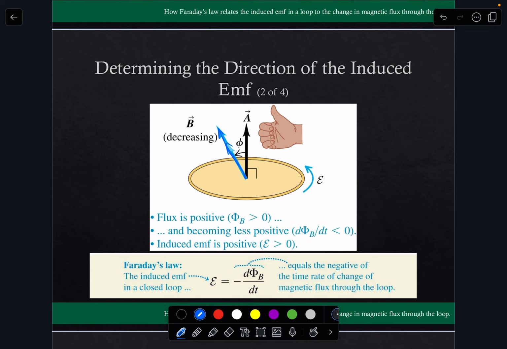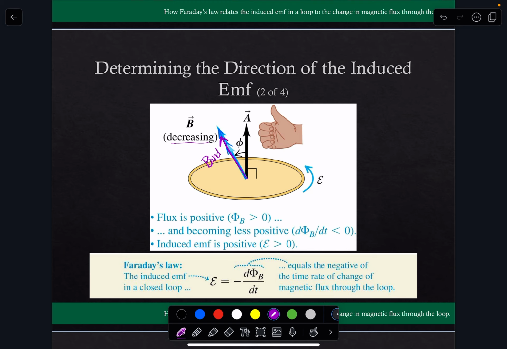We should add another field in the same direction. Our B induced should be in the same direction as B so that we can oppose the change, which is a decrease. We don't want it to decrease anymore, so we need to add some field back. The induced magnetic field will point in the direction of B if we're opposing a decrease.